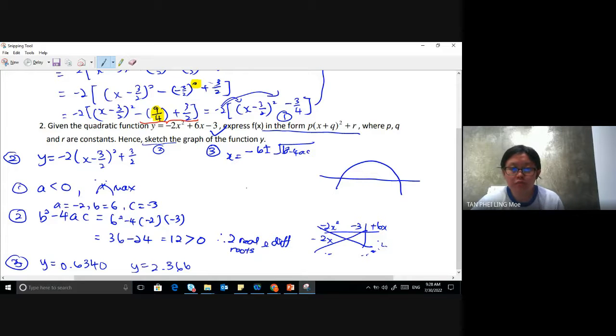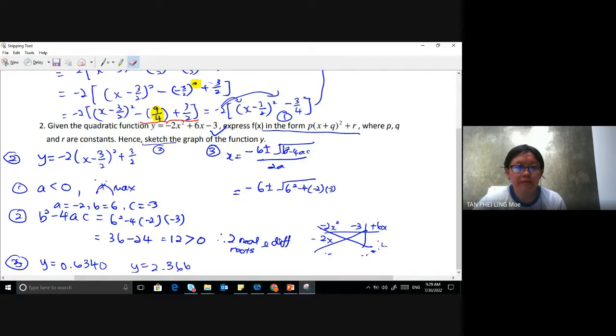So now I have to put in what is my minus b. Minus b will be minus 6, plus or minus the square root of b squared, which is 6 squared, minus 4 times a, which is negative 2, times c, which is negative 3. Let me erase first, which means I have to find another place to do it.